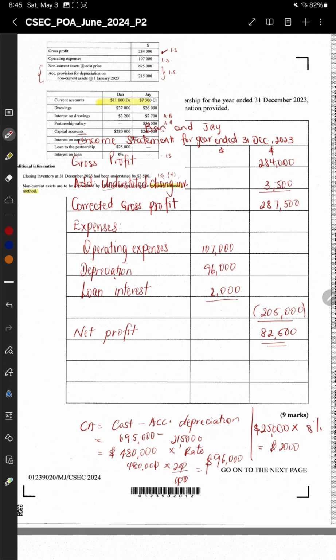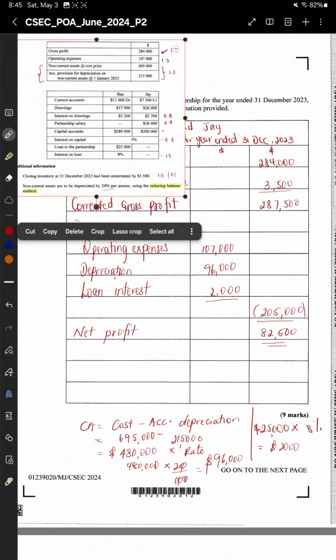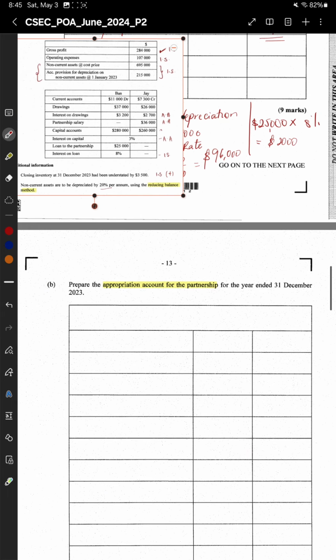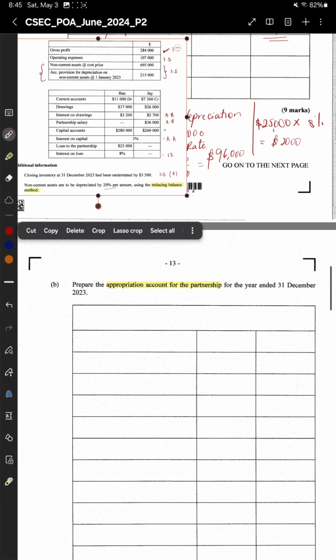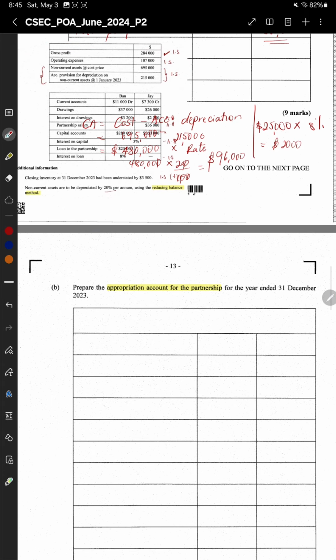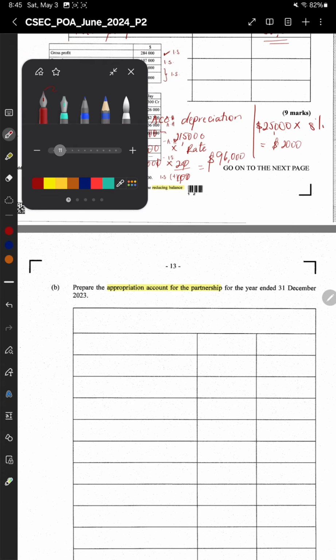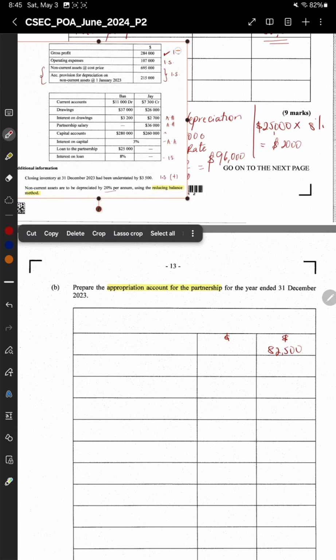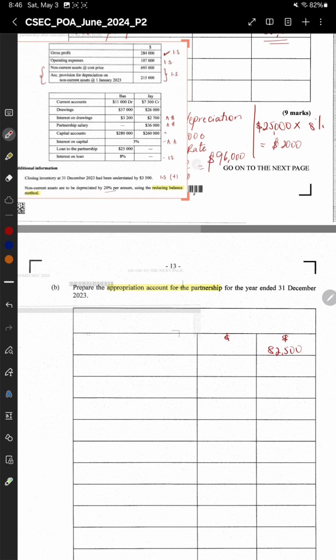And that's it for the income statement, but we're not finished there. We're finished here with the income statement. Now we have to go to the appropriation account. And our amount we had was $82,500. Alright, so let me just put that, $82,500, and we can crop this and remove the piece at the bottom.